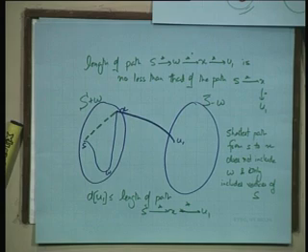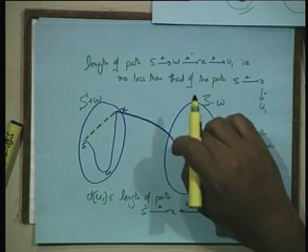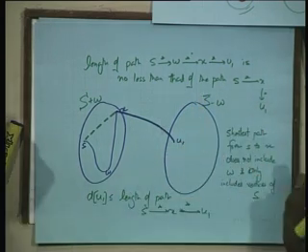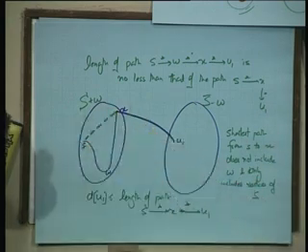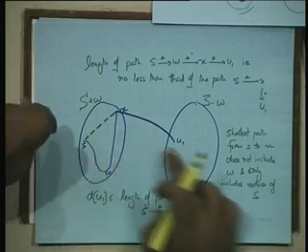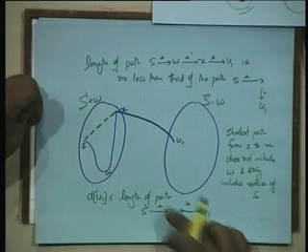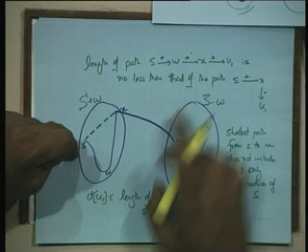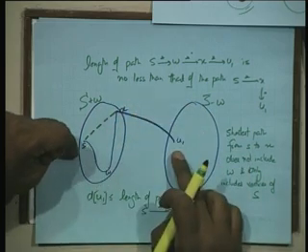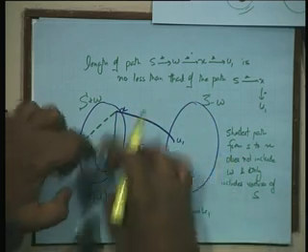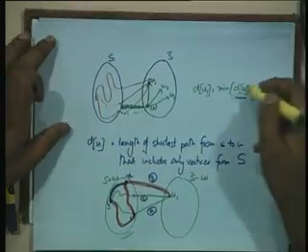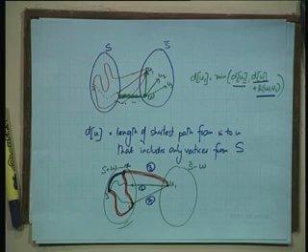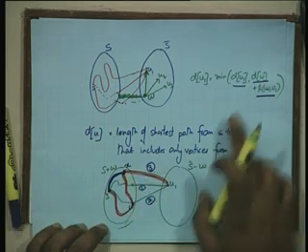I already know that, because d of u1 was the smallest possible path which used only vertices of S. So this is only less than that, and since this is less than this, d of u1 is less than or equal to this longer path, and so I can effectively ignore this thing. I do not have to consider it because it is already included in my d of u1. d of u1 is already a smaller quantity than that. So, all such paths are captured in d of u1.